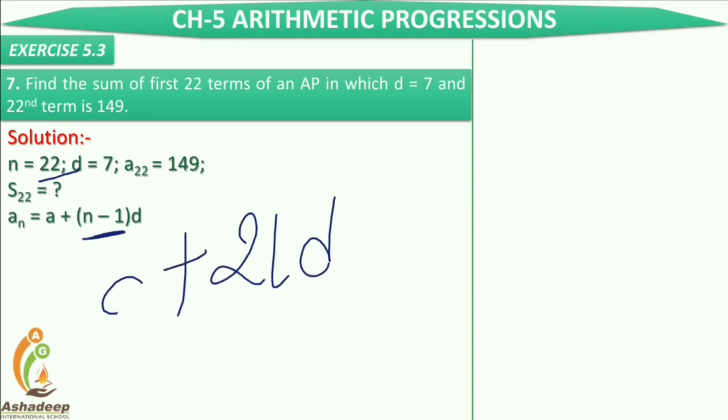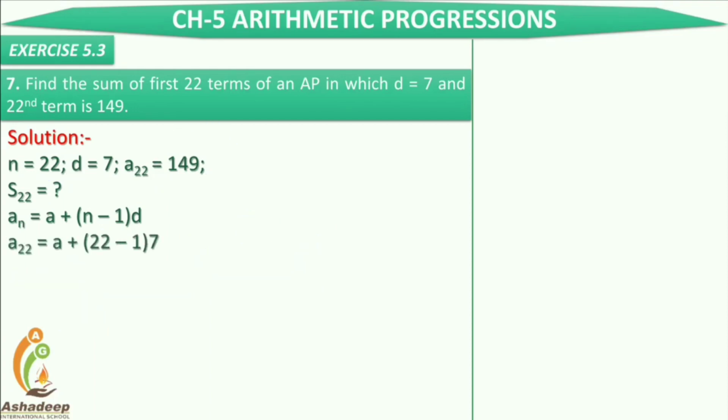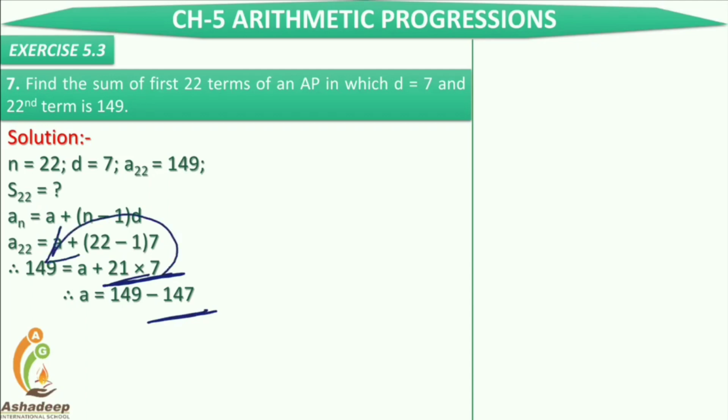d plus a is equal to, an is equal to 149. Right, so A22 is the value. 149 is equal to a plus 21 into 7. Now see, this 21 into 7 is nothing but 147. This plus goes to the other side, it becomes minus. So a is equal to 149 minus 147.